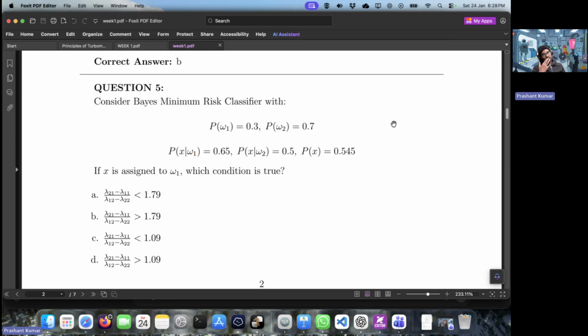Consider a Bayes minimum risk classifier with P(W1) 0.3, P(W2) 0.7, P(x given W1) and P(x given W2) 0.5, and P(x) equal to 0.5. If x is assigned to W1, what condition is true?